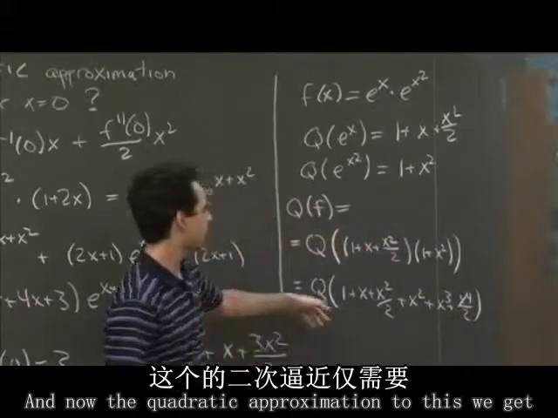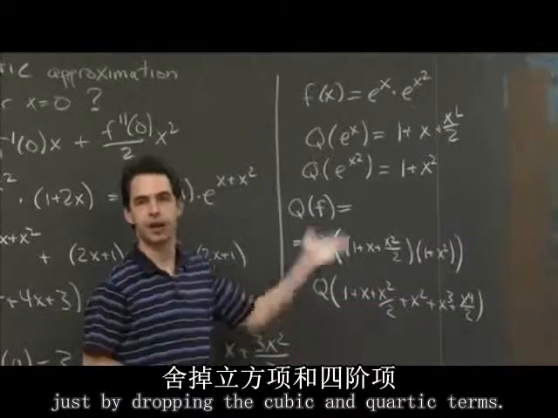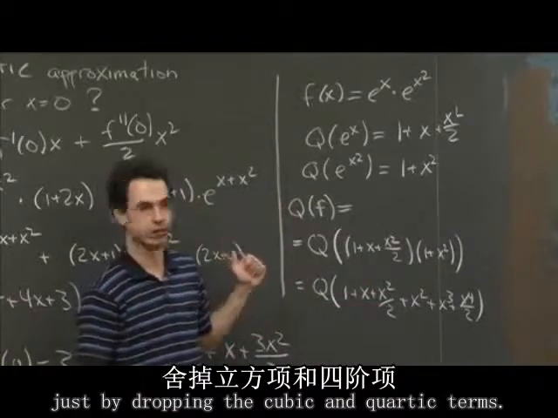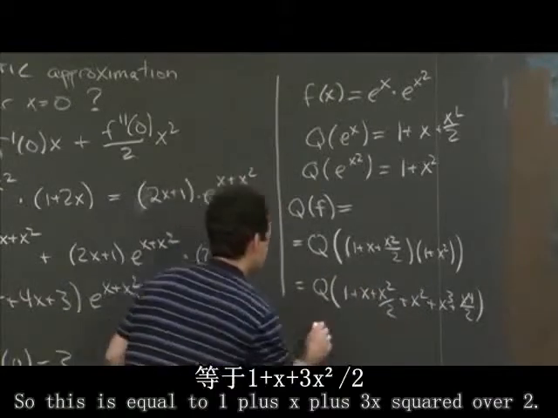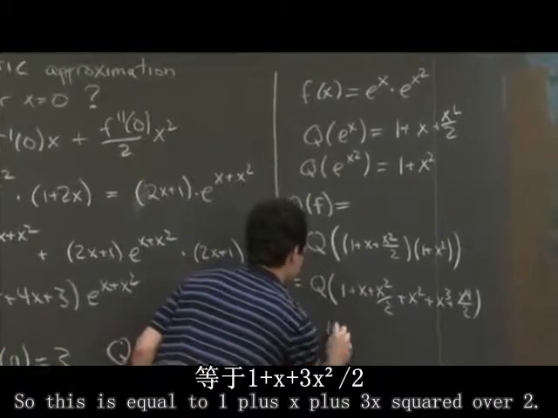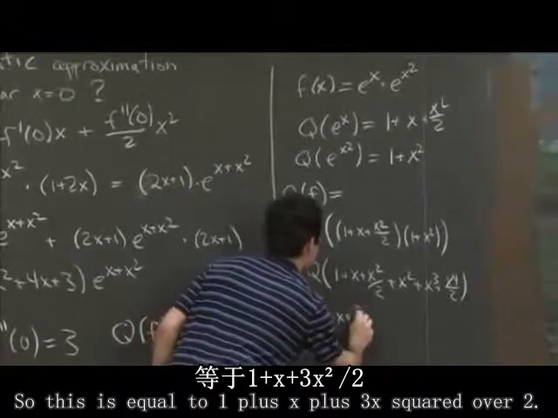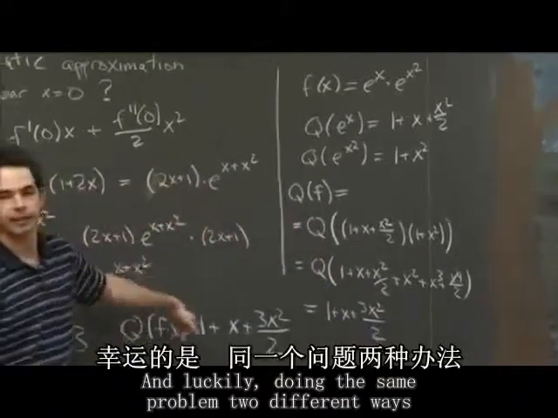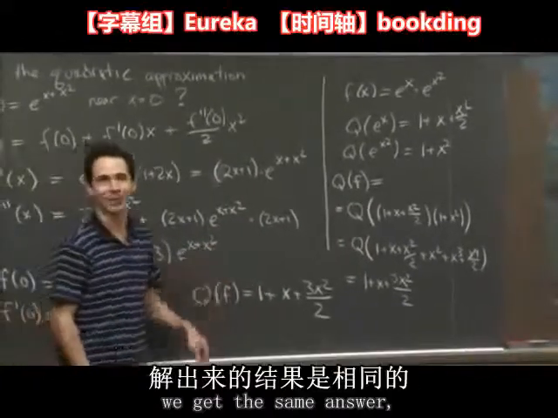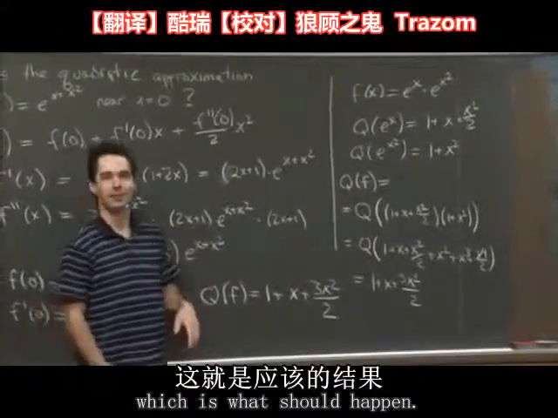Now the quadratic approximation to this we get just by dropping the cubic and quartic terms, and we can add the two square terms together. So this is equal to 1 plus x plus 3x squared over 2. All right, and luckily, doing the same problem two different ways, we get the same answer, which is what should happen. So that's that.